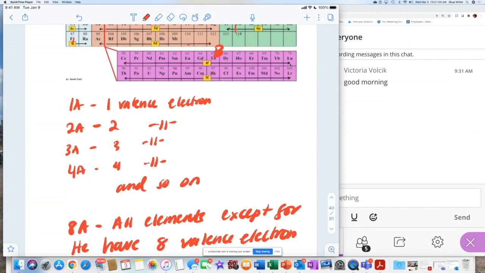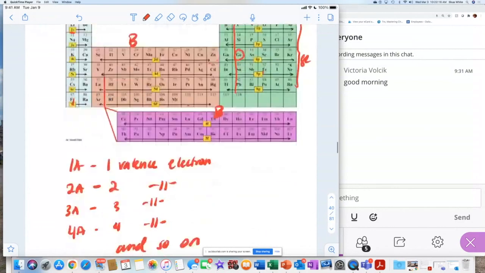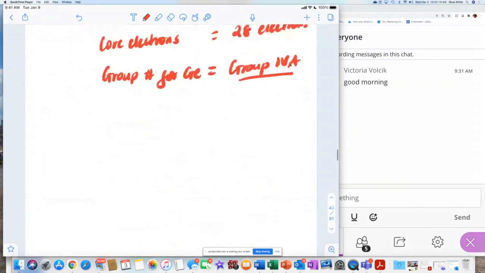Remember, helium, when it comes to behavior, acts like its cousins back here. Helium actually has 2 electrons like its group right here, but it is placed here because of its behavior, not because of the number of electrons. So helium will have 2, and the remainder will have 8, just in case you're wondering.